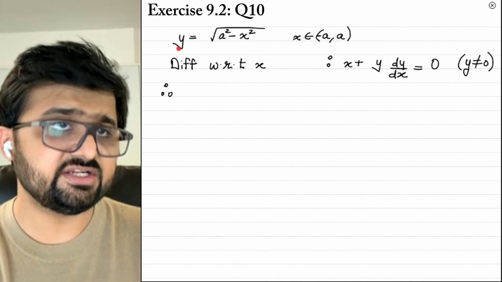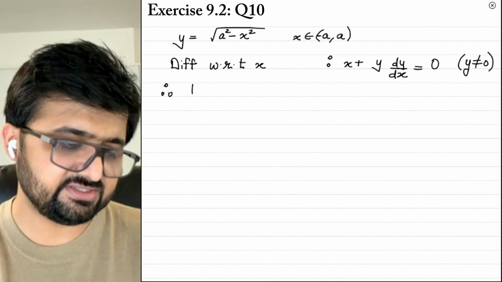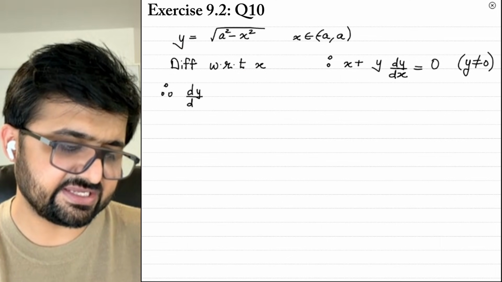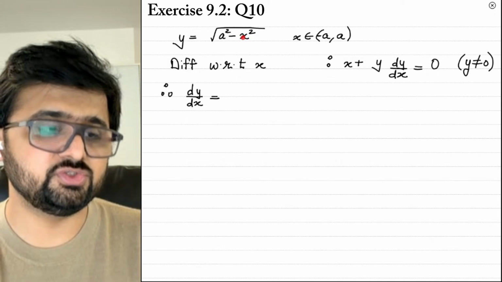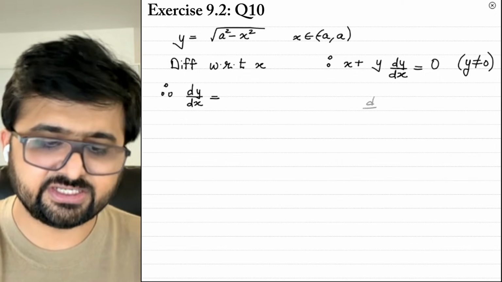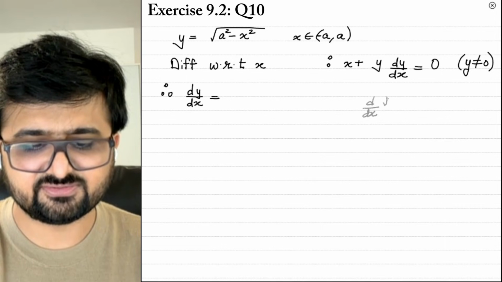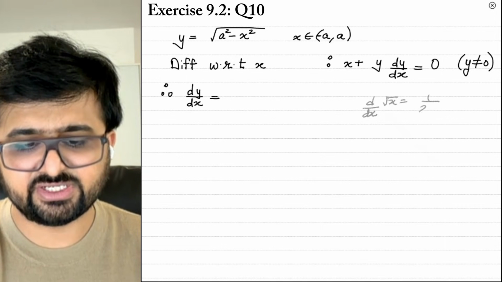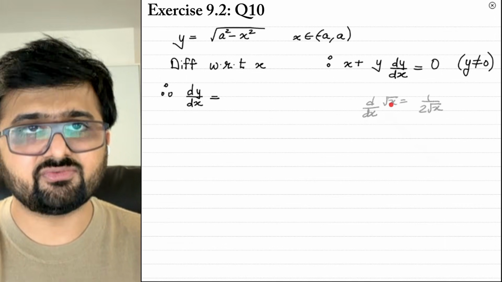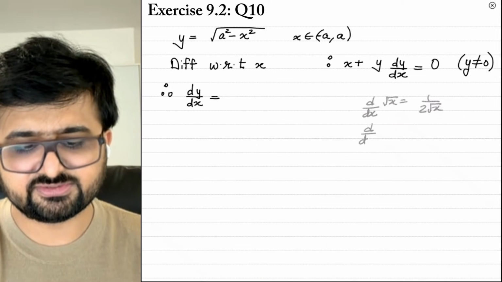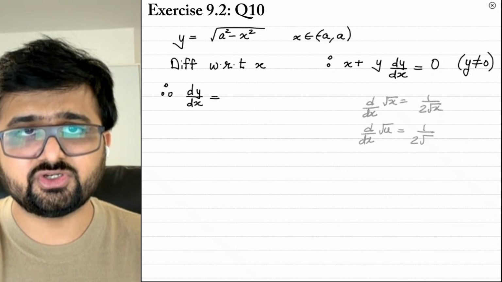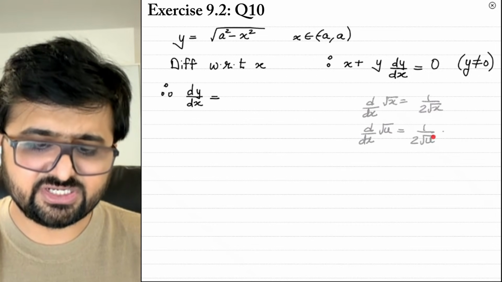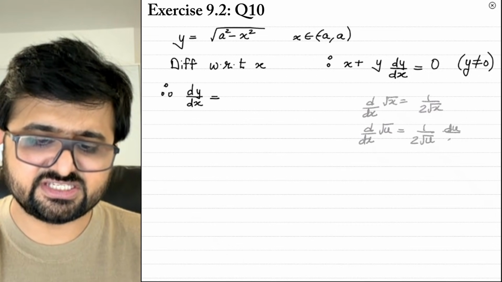Therefore, we get the derivative of y with respect to x, dy by dx, is equal to, now this is like square root of u. We know that d by dx of square root of x is 1 upon 2 root x. Now if instead of x it was u, the derivative of root u is also 1 upon 2 root u, but you have to multiply by an extra term which is du by dx.